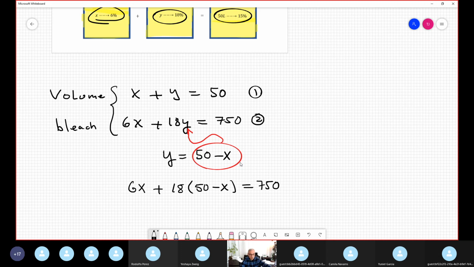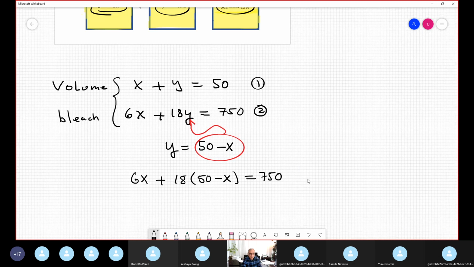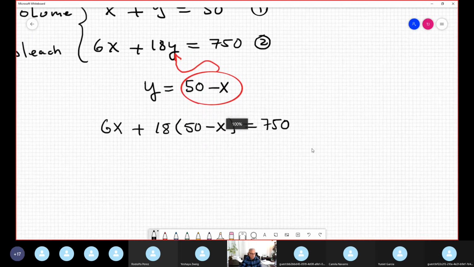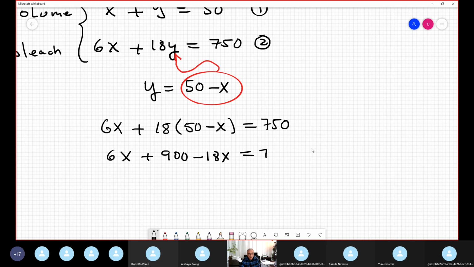Okay, super. Now you apply the distributive property, multiplication by 18. I put it in my calculator, of course. 18 times 50 is 900. 6x plus 900 minus 18x equals 750.